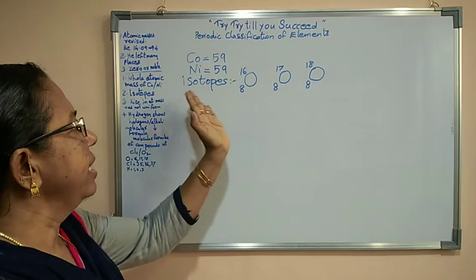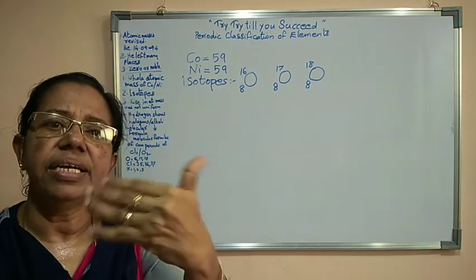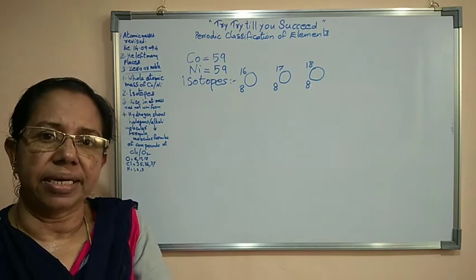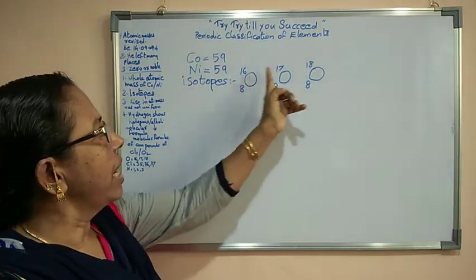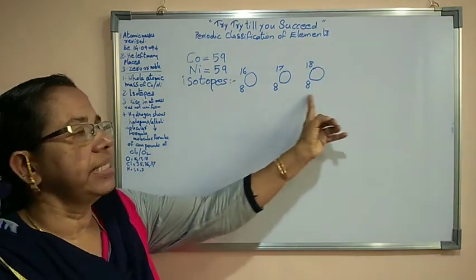So we can say the element oxygen has different isotopes. The speciality is that the atoms are different, but all are oxygen atoms only. Even then, their mass number, that means atomic mass, is different while the atomic number is the same.